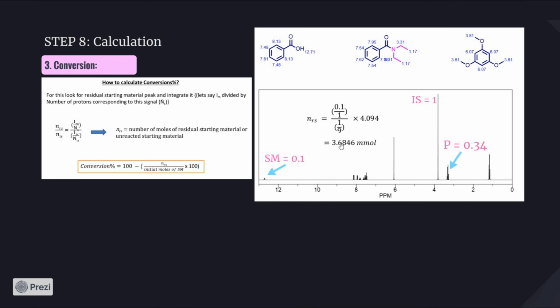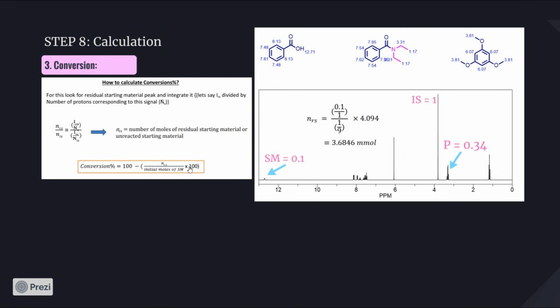After using this equation, we are getting 3.648 millimole of the unreacted starting material. So 0.1 is the integration, and this corresponds to 1 proton, right? And we have already integrated this one, which is equal to 1 and corresponds to the 9 protons, right? So after solving this equation, we are getting this millimole.